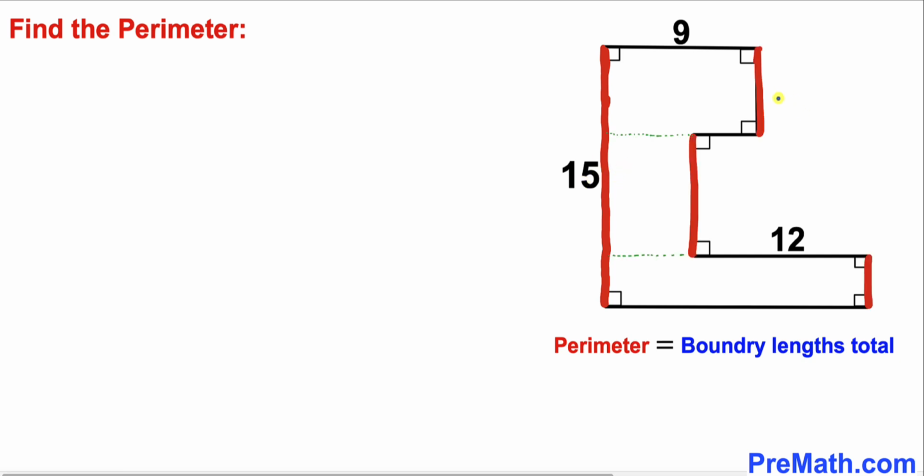And we can see that the sum of these three individual lengths is equal to 15 units as well. So therefore the perimeter P for these highlighted lengths is going to be 15 plus this one's 15 as well, plus now we know that this side length is 9 units.